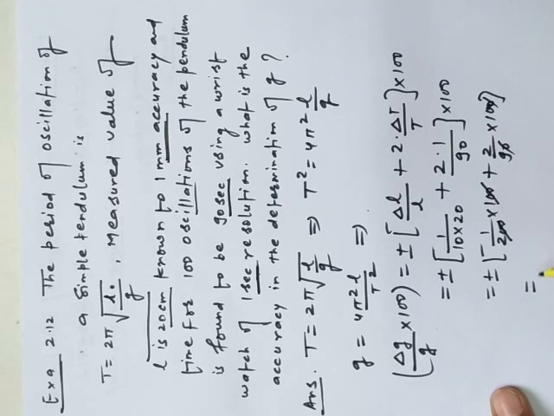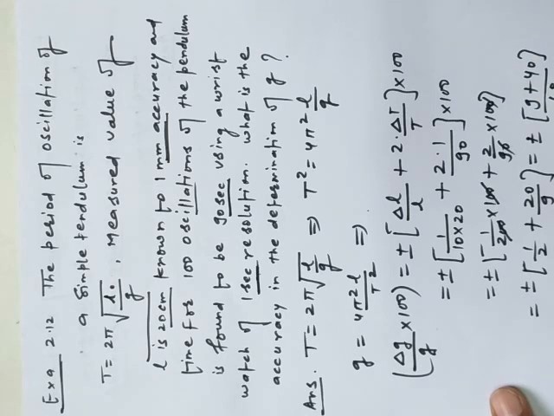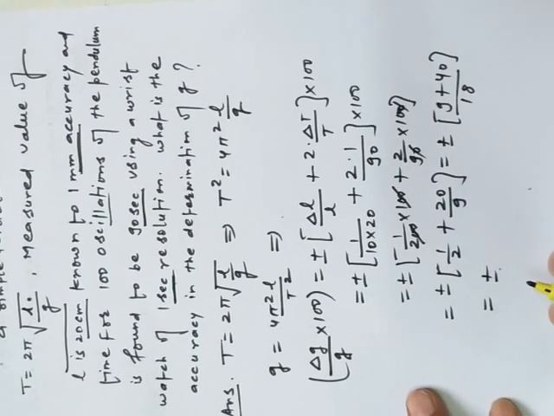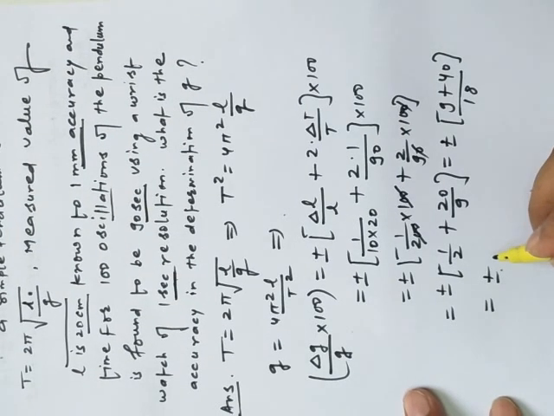So I am getting plus minus 1 upon 2 plus 20 by 9, that is equal to plus minus 9 plus 40. We are taking the LCM of this term and solving it. You can easily solve it on your own. 49 by 18, we can finalize it.